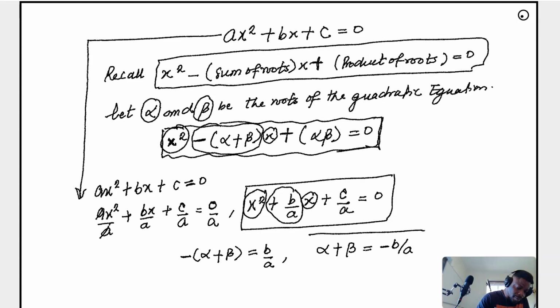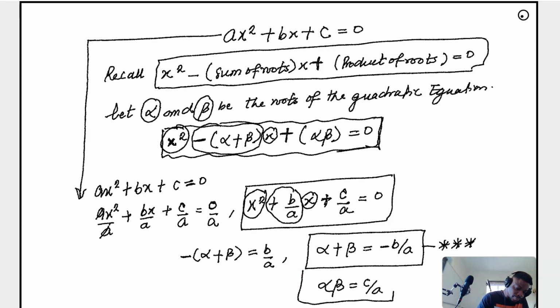Okay, I'm going to asterisk that because it is important when we continue. Now, plus is plus. Then alpha beta will be c over a. So I'm going to asterisk this because this is important as we move on. So in this case now, sum of roots, which is alpha plus beta, is minus b over a. Alpha beta is c over a.